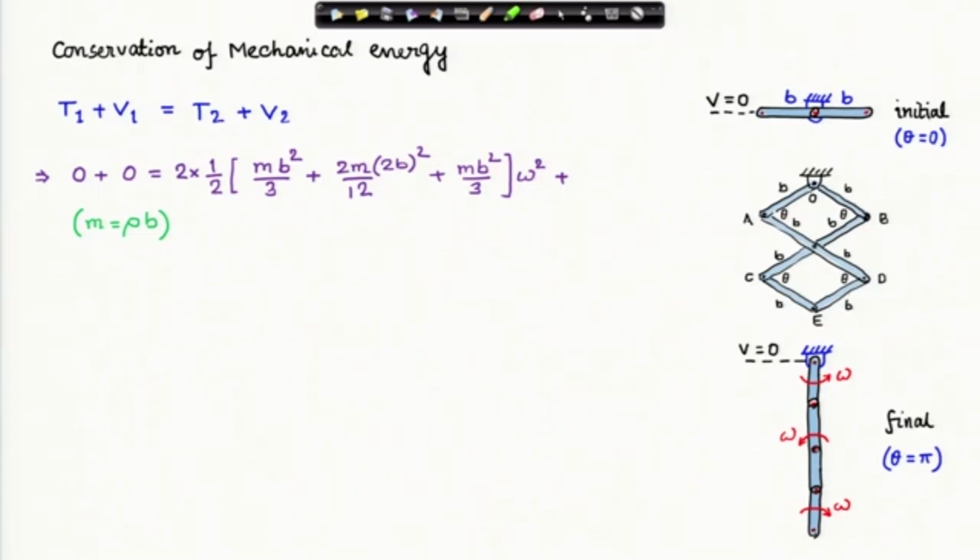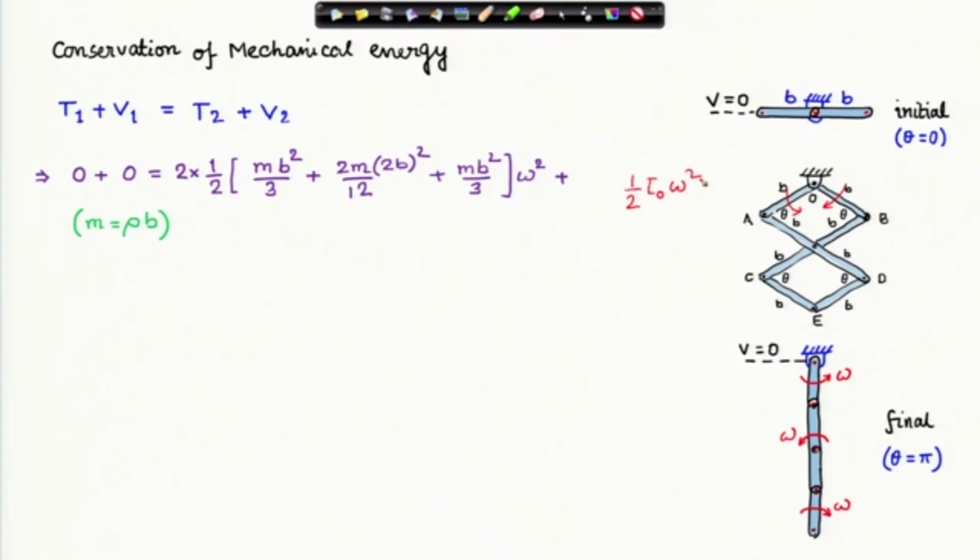In the second state, we have kinetic energy and some potential energy. Let us look at the kinetic energy expression first. As I mentioned, these 2 bars are moving inwards like this. They are hinged at O. I can write the kinetic energy of each bar as half I about O times omega square.